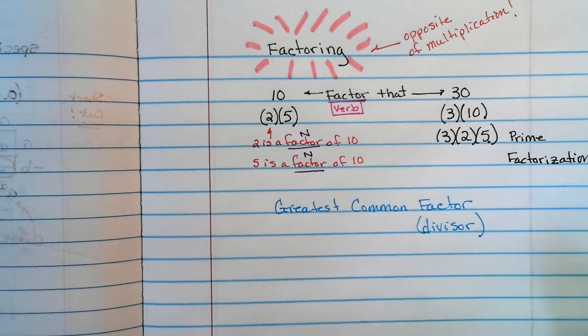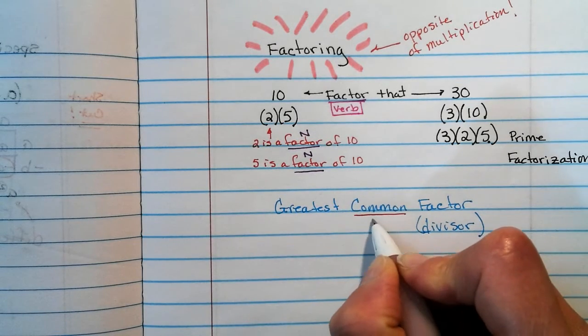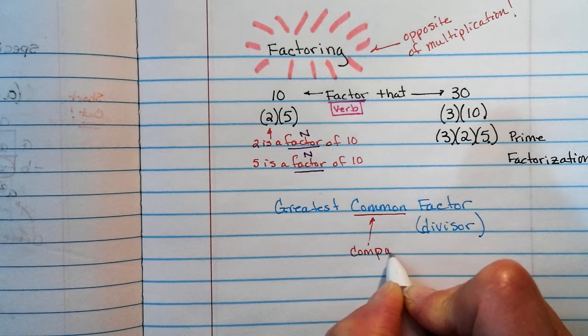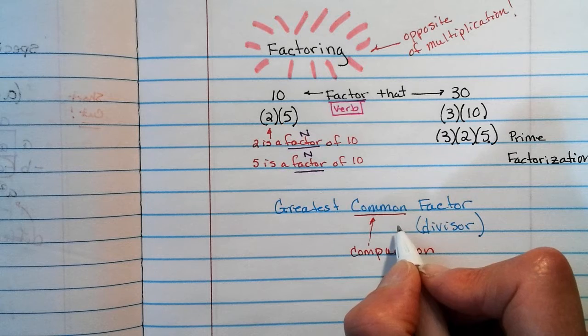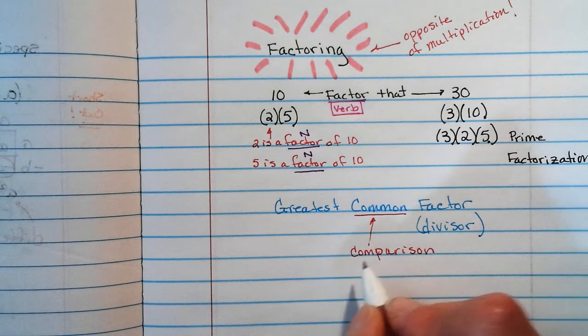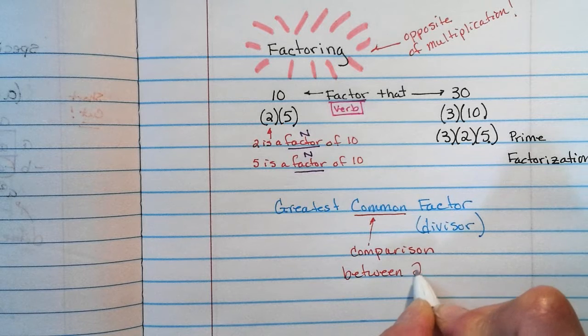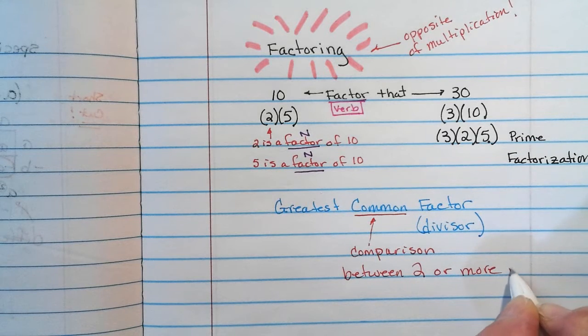Greatest common factor, remember when we're looking for things in common, that means we're making a comparison. So when we're making a comparison, we're looking at a comparison between 2 or more numbers.